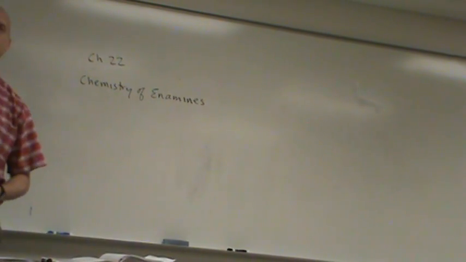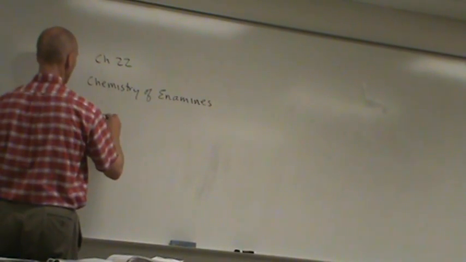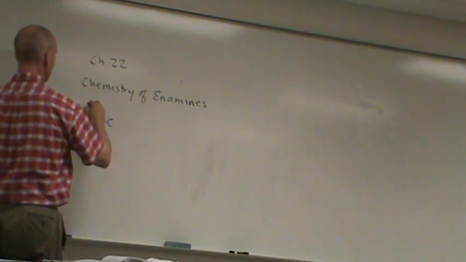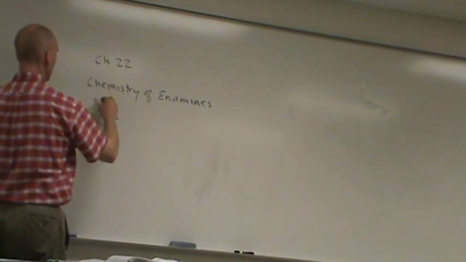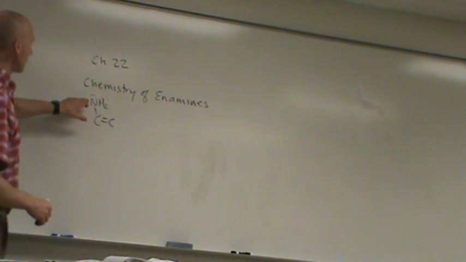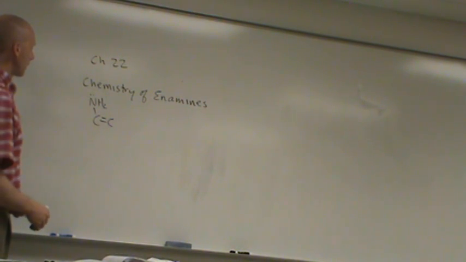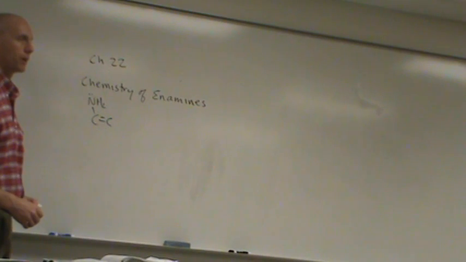Remember the enamines, what those were, back in the amine chapter? That's where we had a double bond and an amine group. So we have an amino group attached to a carbon-carbon double bond.